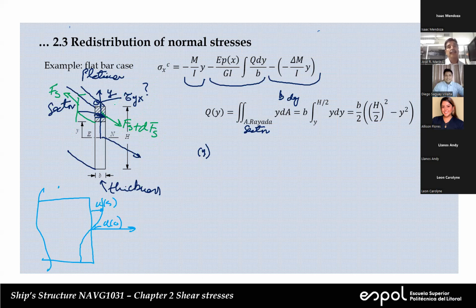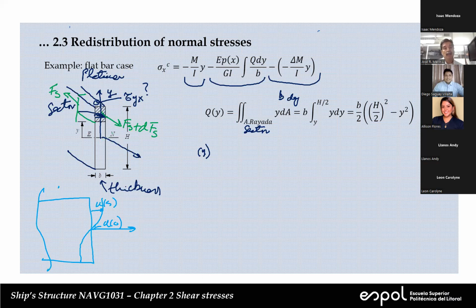So to calculate this, in the first step, we go from a cut at any position that you want. And in that cut, we are going to calculate the shear stress. The sector has to end at a point where we know the shear stress.